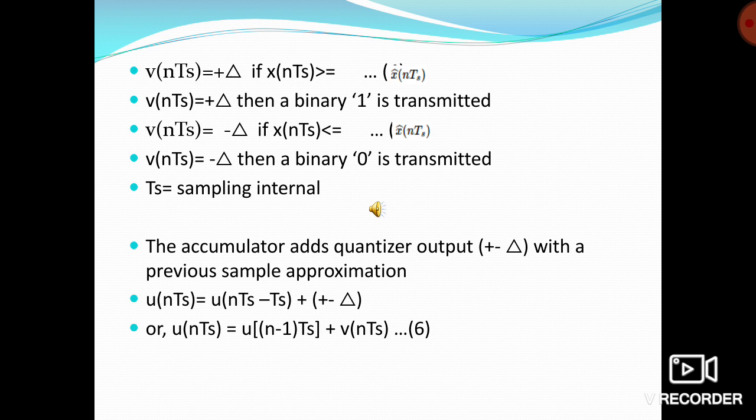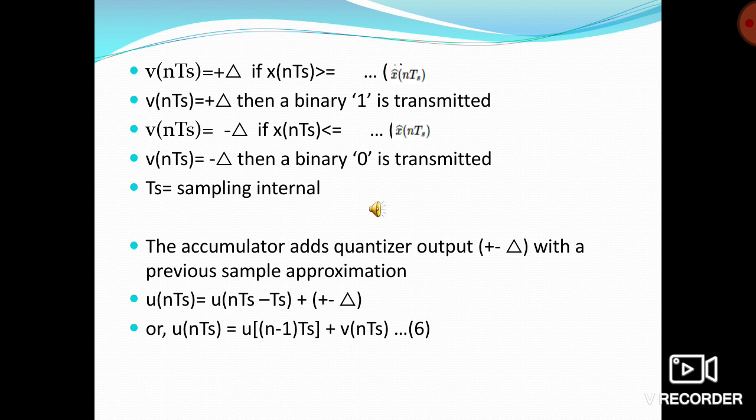The summer in the accumulator adds the quantizer output plus or minus del to the previous sample approximation. This gives the present sample approximation u(nTs) equal to u(nTs minus Ts) plus or minus del, or u(nTs) equal to u((n-1)Ts) plus v(nTs). The previous sample approximation u((n-1)Ts) is restored by delaying one sample period Ts.